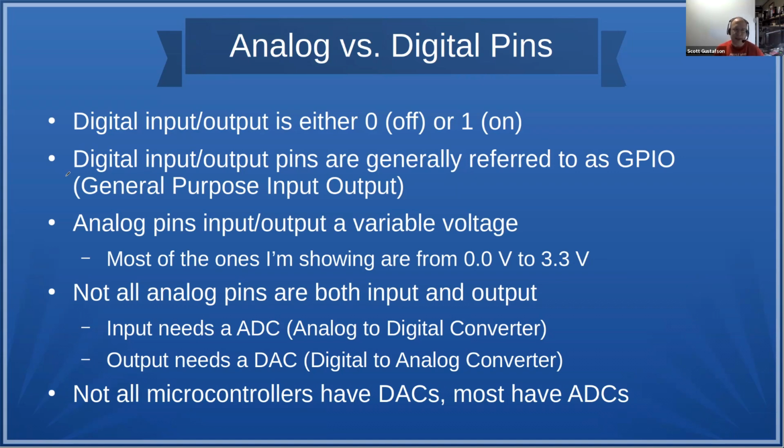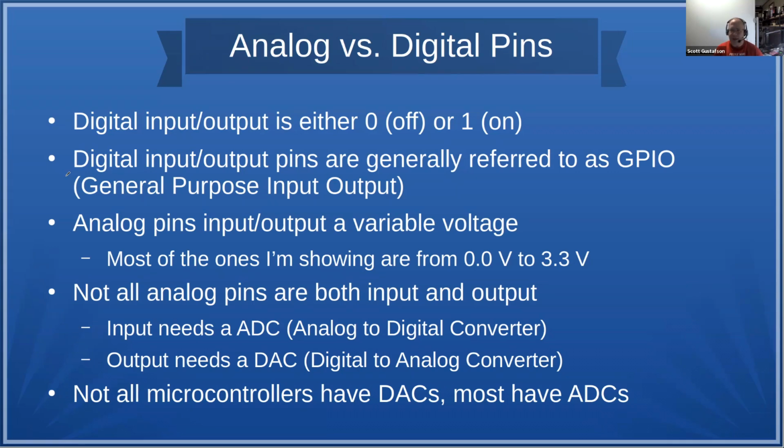But not all of the analog pins that we have on these microcontrollers are both input and output. There was actually an interesting talk from Eben Upton, the founder of Raspberry Pi.